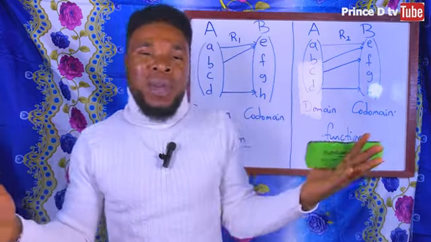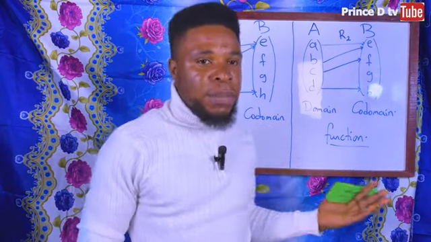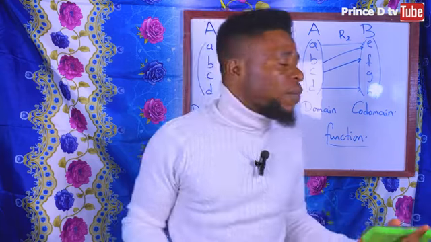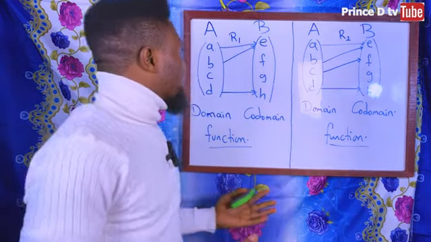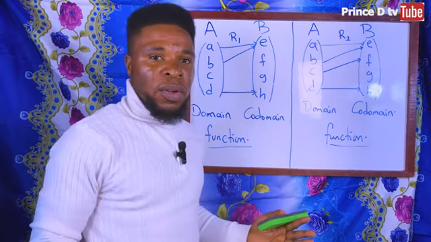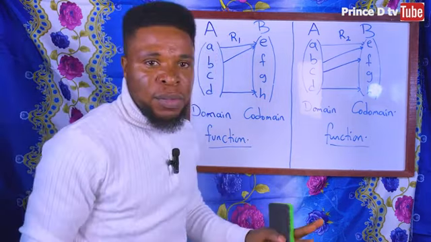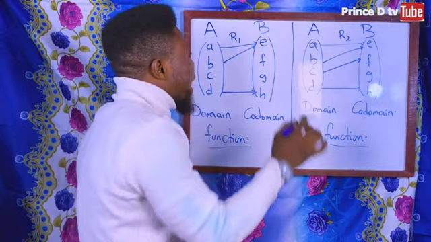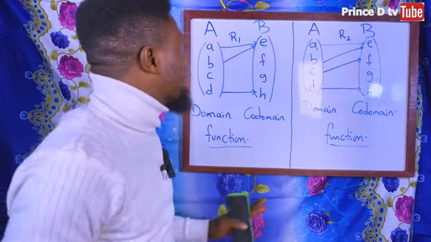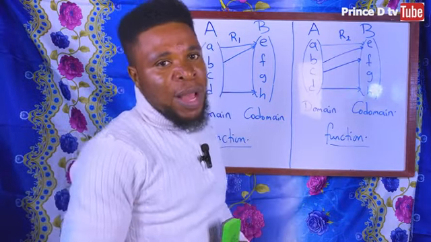TV fam, just like we said earlier, now we are looking at some practical examples mathematically. So we have two relations on our board, and we decided to separate them. I call this relation 1, R1 for short, and here relation 2, R2.